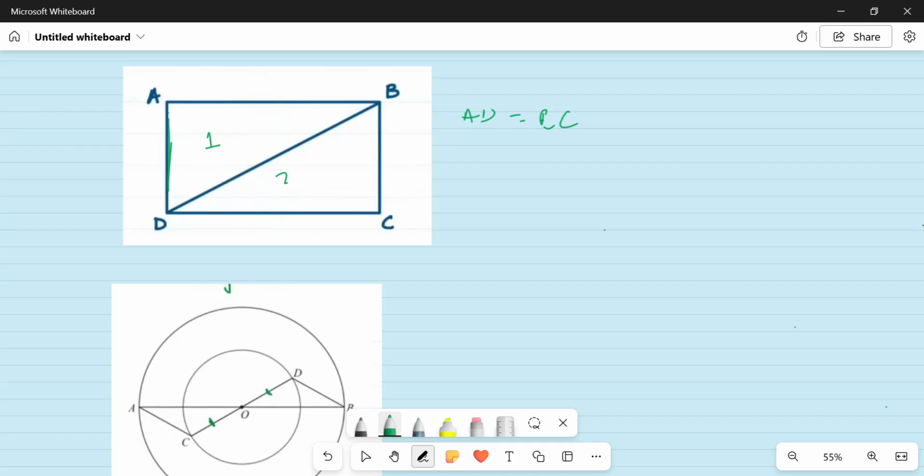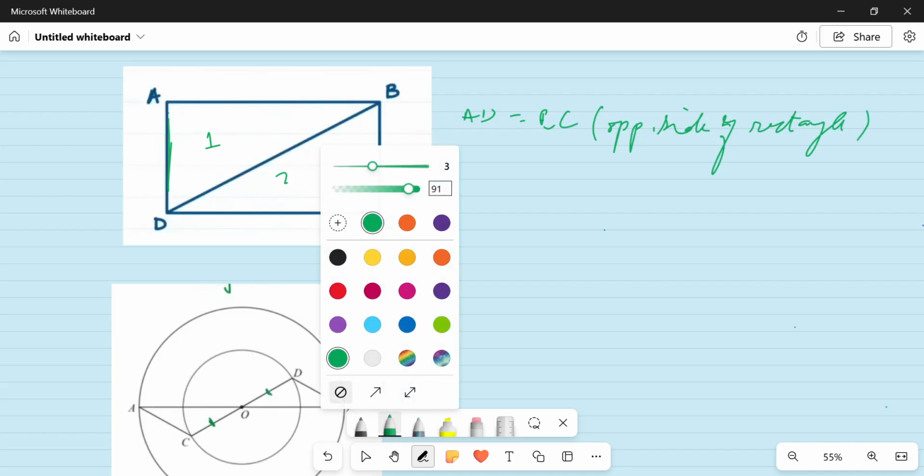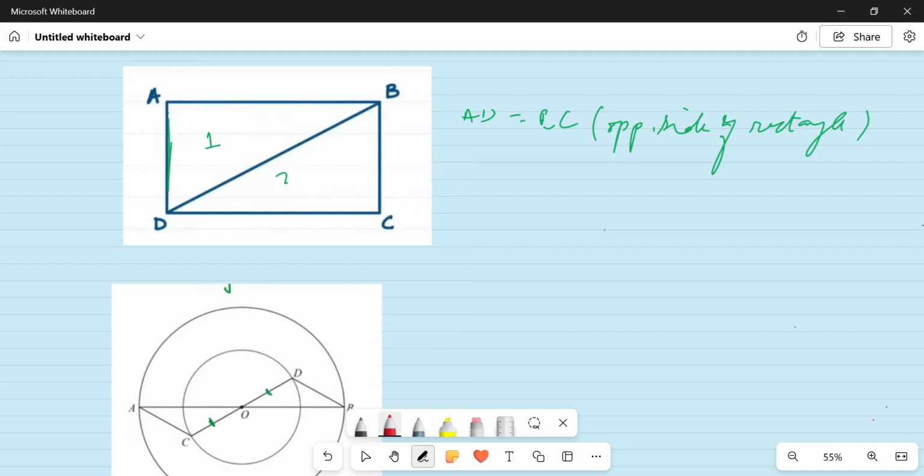Opposite sides of a rectangle. We have another side, AB and CD. AB equals CD, again because opposite sides are equal.